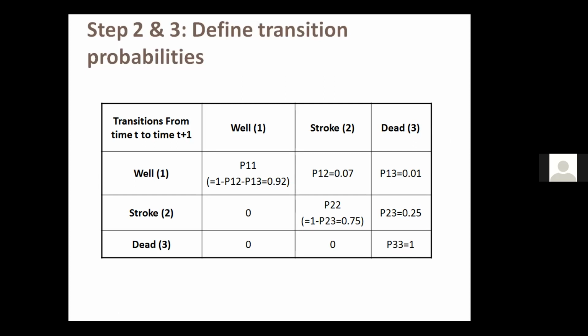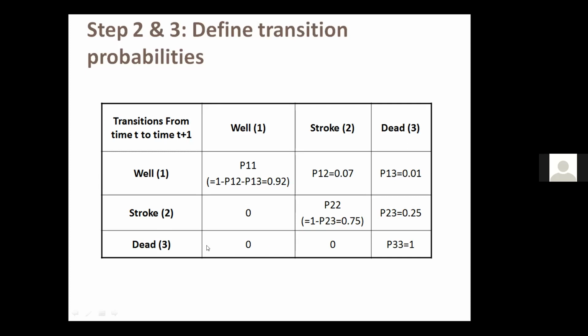P13 is how many people who are fine will die, 0.01. If you add them and take 1 minus this, that will be P11. If you know what percentage of people will remain well in the first year, then you can directly write that.